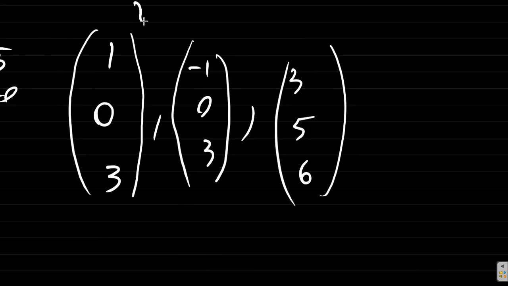So lambda equals negative 2, we get these, and lambda equals 1, we get this one. So I have a total of 3 eigenvectors.